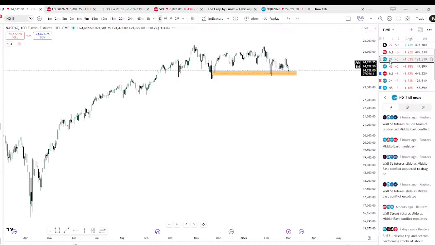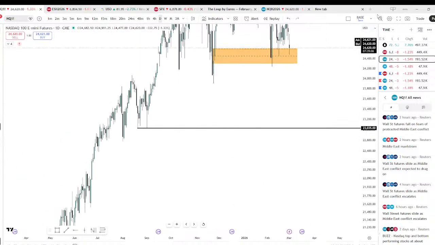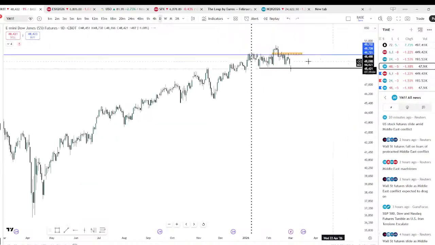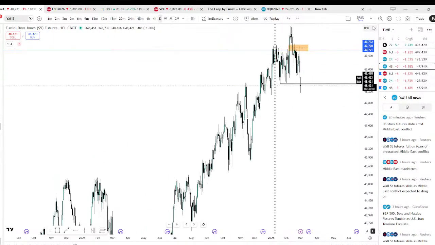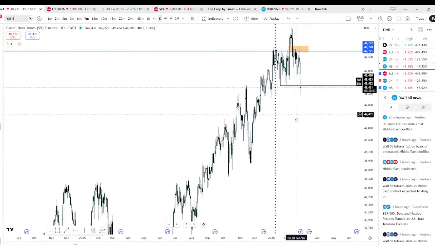If you look at the continuous, these are the lows we were looking at. Some relative equals, and that's NQ. Where's YM? Maybe more of this area.